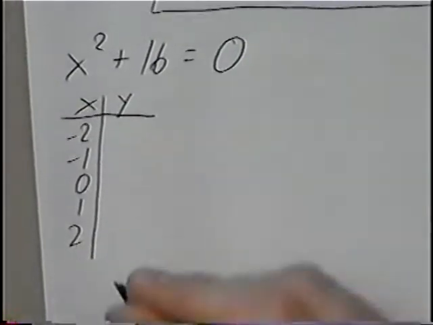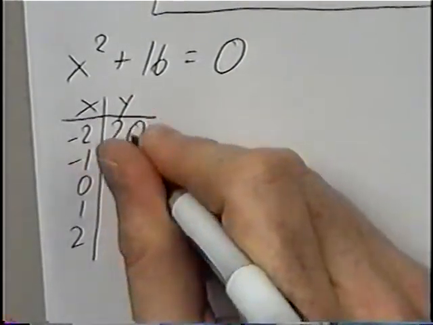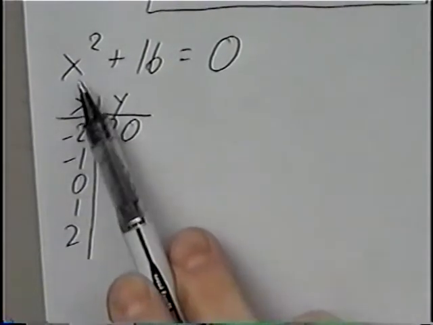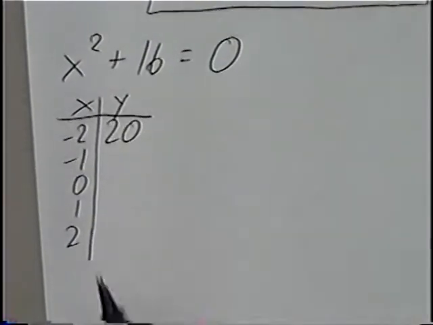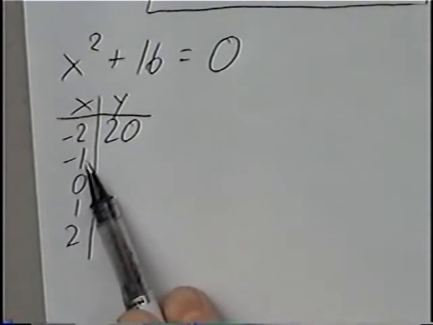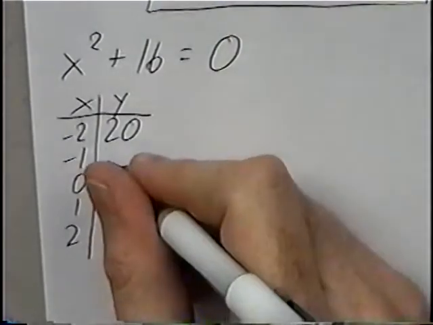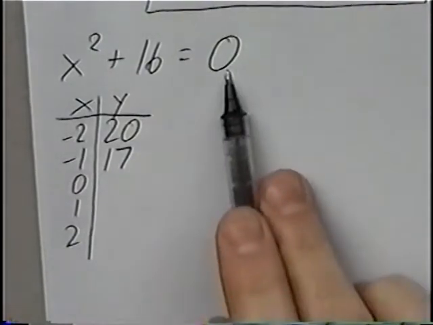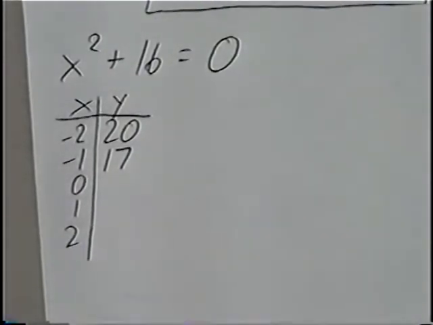Adding 16 to that, 4 plus 16 would be 20. Negative 1, negative 1 to the second power is positive 1, plus 16 would be 17. And again, to be a solution, we want this to be equal to 0.